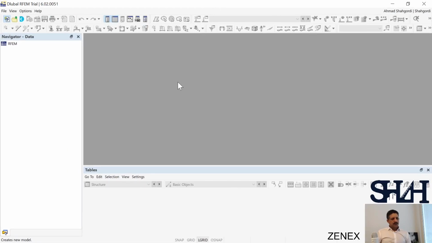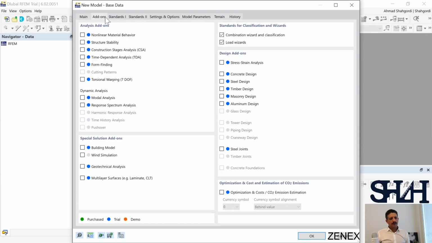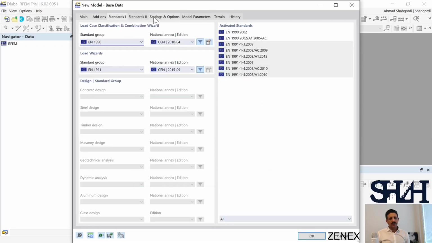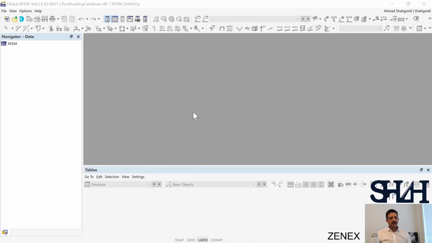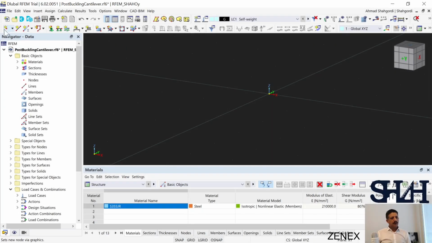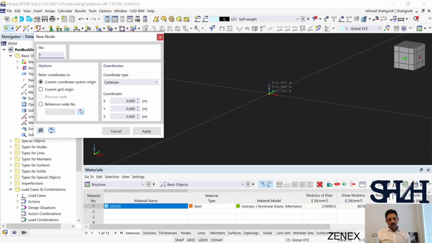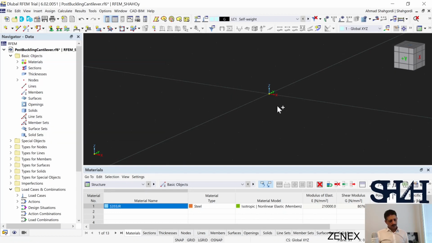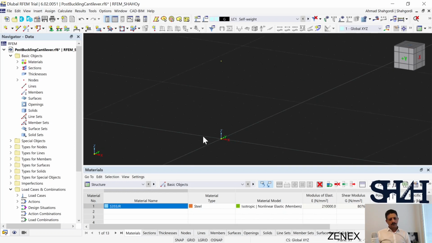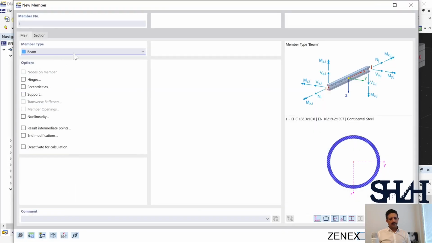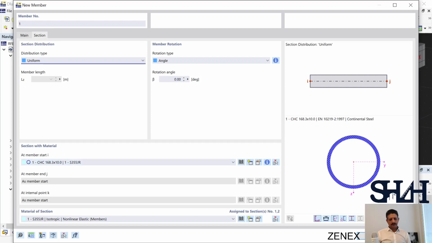Let's go to a new model. And we need to go with nonlinear material and structural stability. I use upward. Hopefully we have the cross section already. Five meters above, and then we have the section.